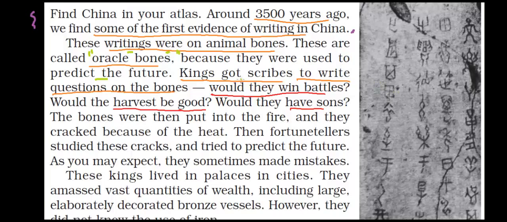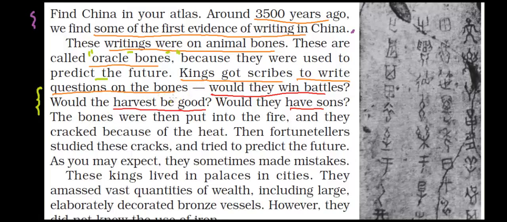The Chinese kings of those times used to get scribes and ask them to write questions on the bones, questions like whether they will win the battles, whether they'll have fortune, whether they'll have a good harvest, whether they will have sons or daughters, or certain kinds of questions which they might have been bothered about.